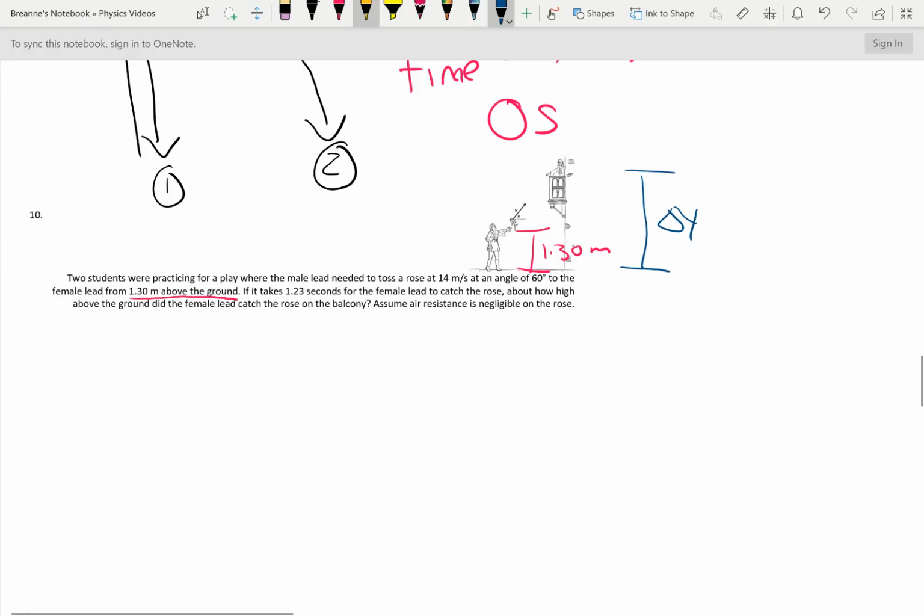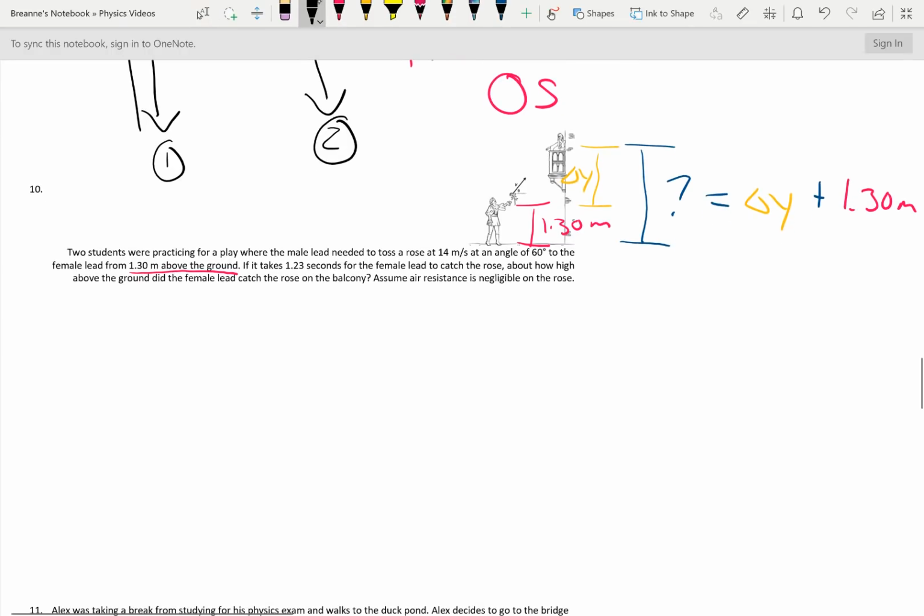The projectile starts here, so this is our delta y. This is what we're looking for. So you need to take your delta y and add it to this 1.3 meters. That's the part people miss when they get a question like this wrong.